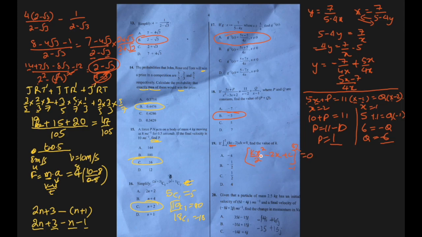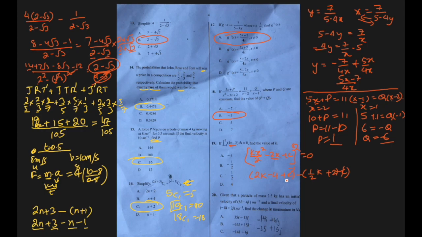2 square will be 4, and 4 divided by 2 is 2k. 2 times 2 is 4 in this one, negative 4 plus c minus, let's substitute minus 1 now. Minus 1 square will be 1, and 1 over 2k. So minus 2 times minus 1 is plus 2, and plus c.